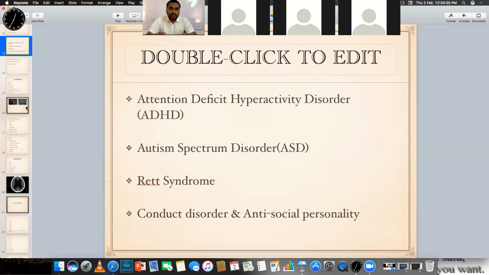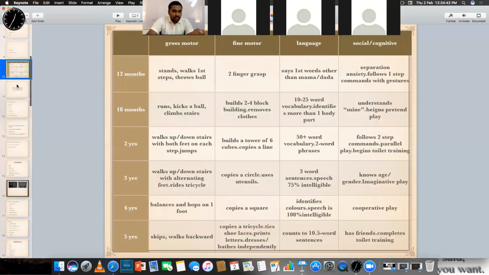Usually autism spectrum disorder is diagnosed at about 2 or 3 years of age. If I flip back a couple of slides, we will see what happens at 2 years of age. At 2 years, social and cognitive: follows 2-step commands, parallel play, begins toilet training. At 3 years, imaginative play, knows age and gender.